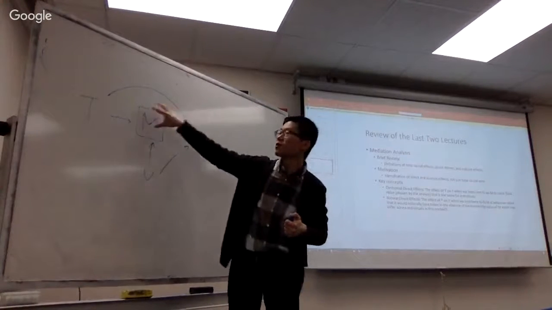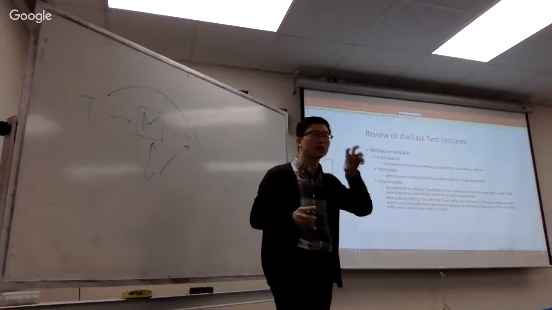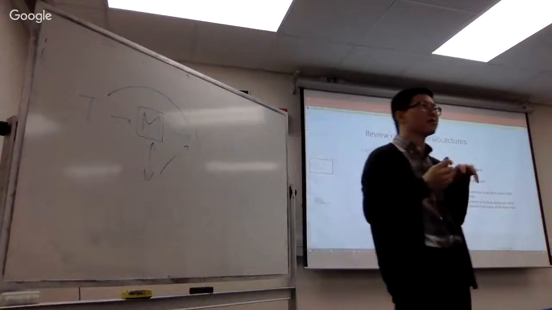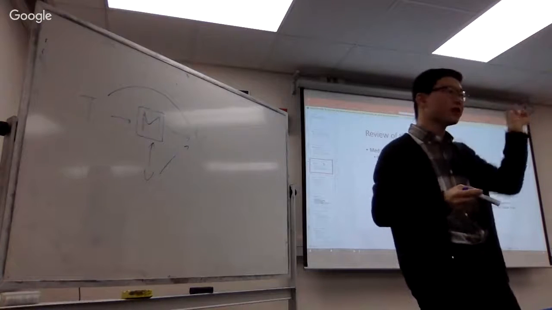Controlled direct effect is about setting the value of M to one that is the same for everybody, and seeing what happens with the relationship between T and Y.